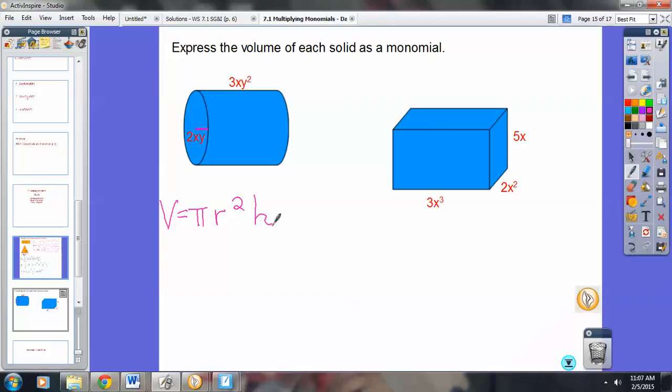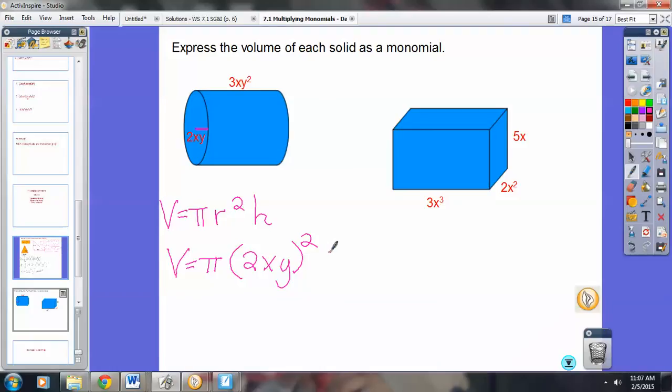All right, so let's substitute into our formula. Now we're going to square our radius. What is our radius? 2xy. Did you remember to put that into parentheses? Yeah. We're not just squaring the y, we're squaring that whole expression, so I'm going to put it in parentheses. And our height?